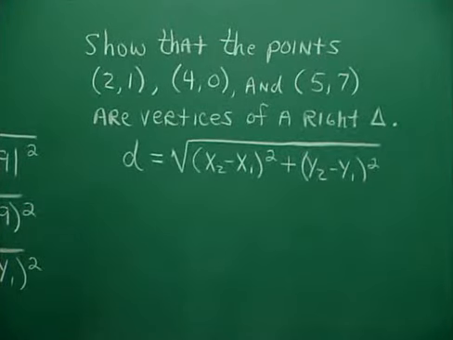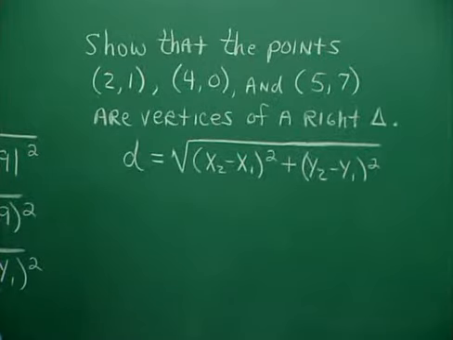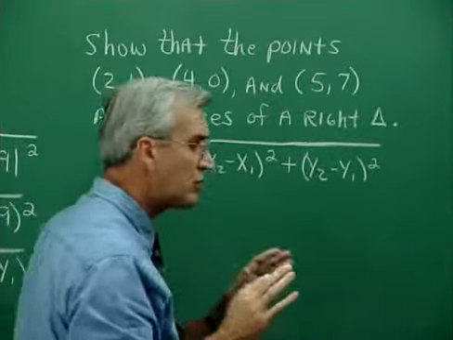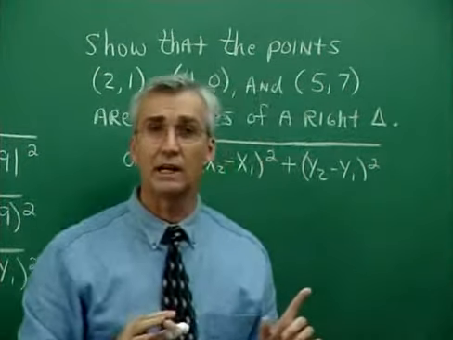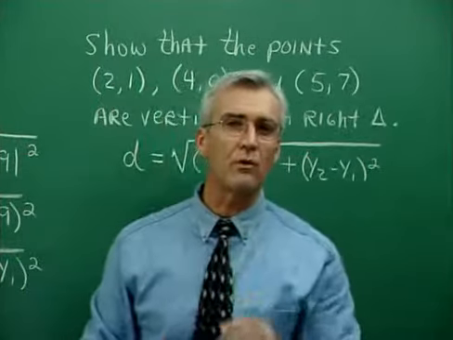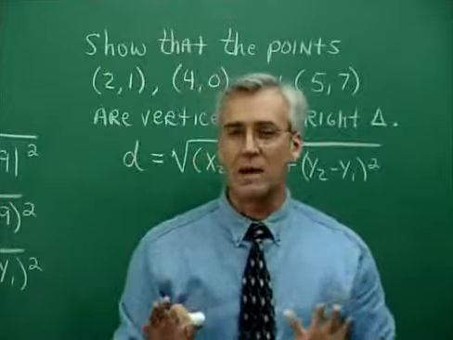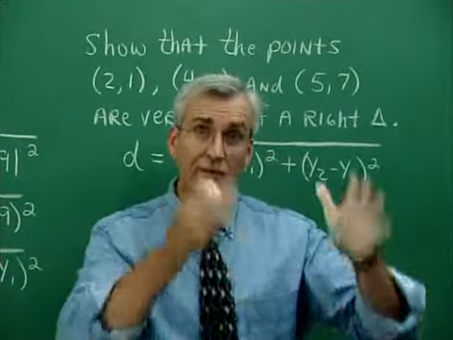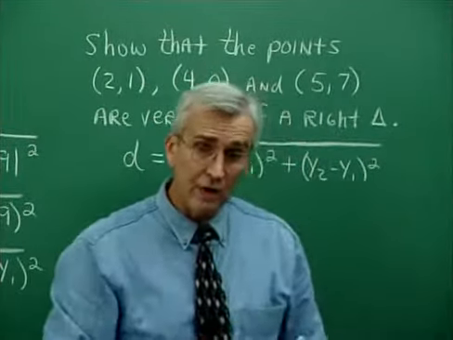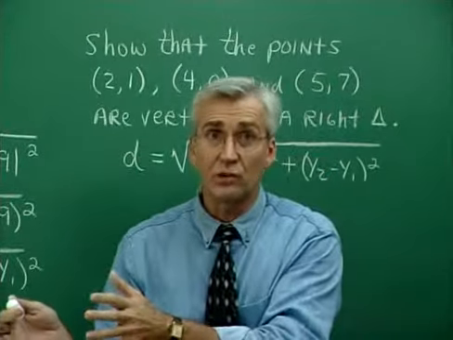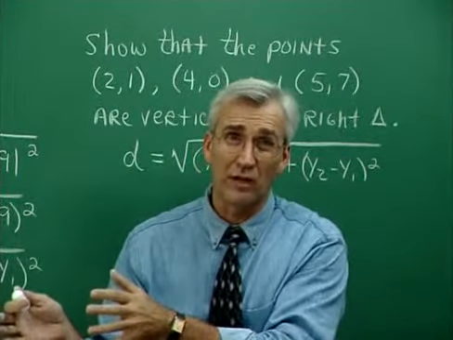Gee, if they are the vertices of a right triangle, then this relationship between the sides exists. You see, the Pythagorean theorem works both ways. That is, the way we generally think about the Pythagorean theorem is that if we have a right triangle, then we have a certain relationship between the sides. C squared equals A squared plus B squared.